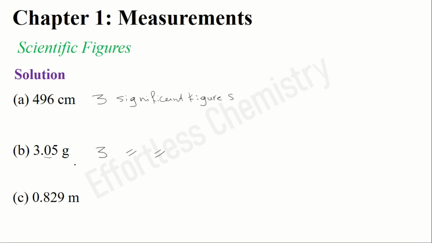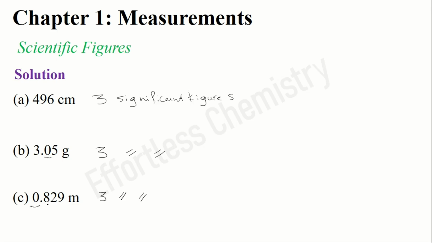And for the last one, again, we have 3 significant figures, because zeros to the left of the first non-zero digit don't count as significant figures. Here, this 0 isn't counted as a significant figure.